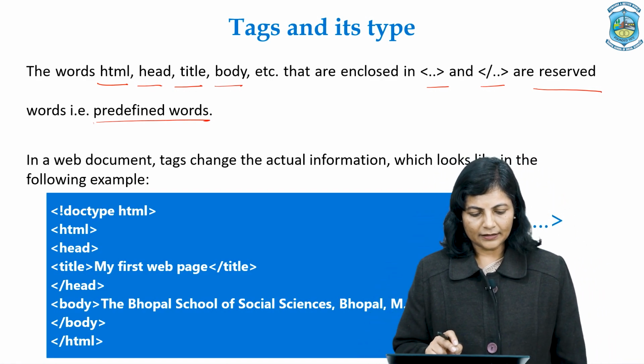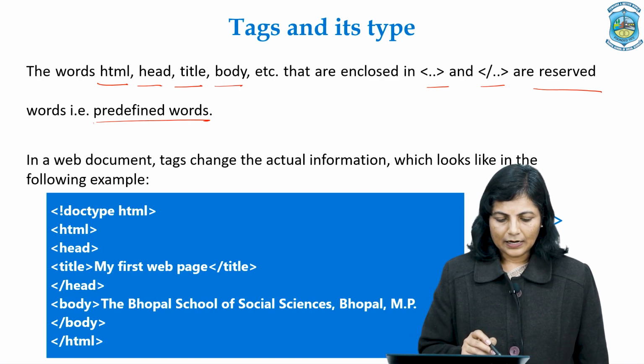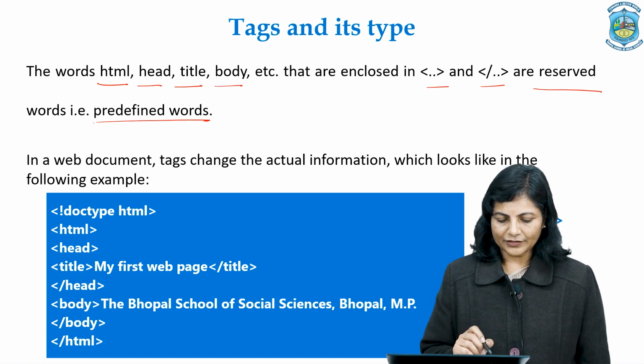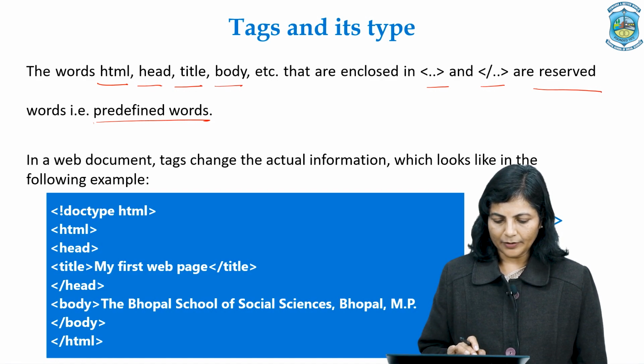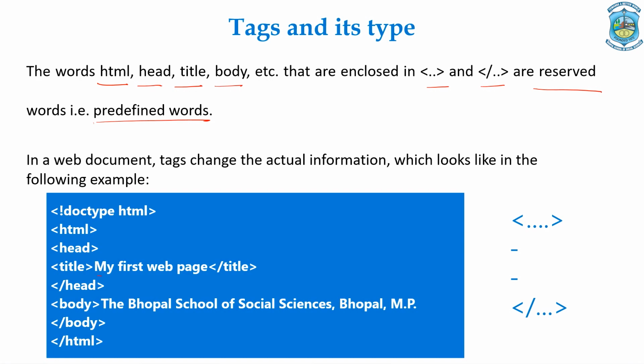Now, let us see this example. In the basic structure which we have seen, all the tags are available here. In the title, I have written my first web page. So this my first web page will be displayed on the title bar of your web page. So this is actually the content.